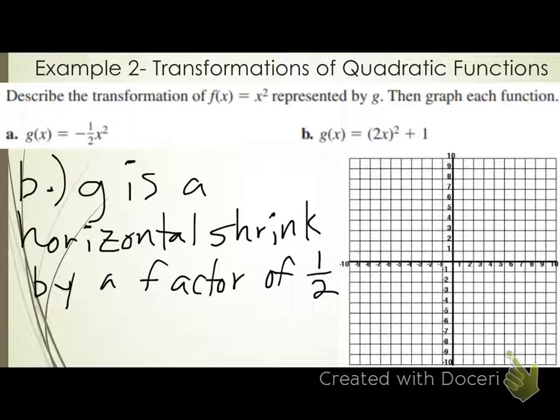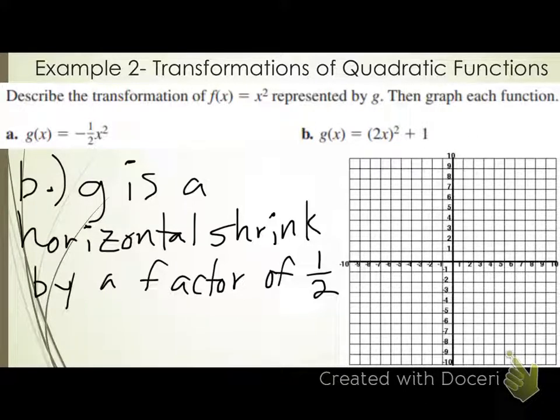Can someone name another transformation that's occurring here? There's another? There's plus 1. What do we call that? Vertical translation.